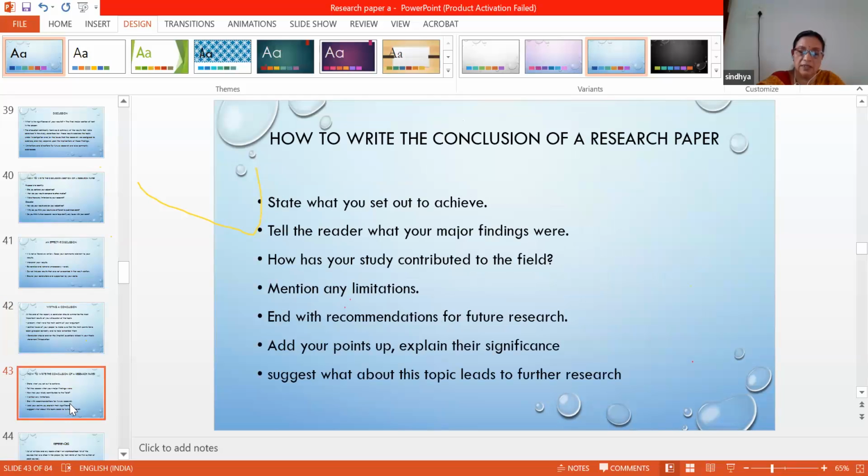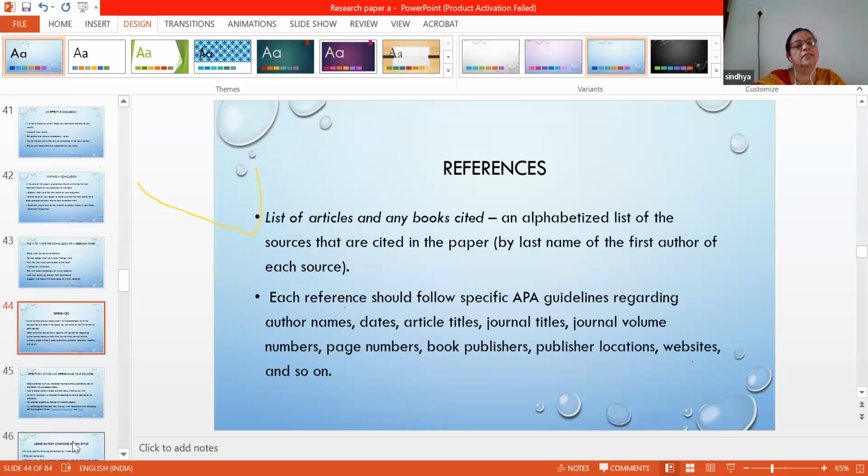What was your intention, what you have achieved through the study, and how it is helping the future. So these three aspects you have to mention in the conclusion section, and there must be a reference. So every research paper must be supported with sufficient references.